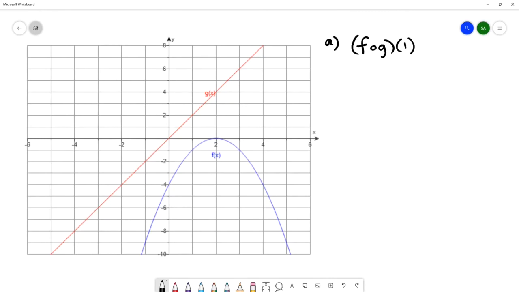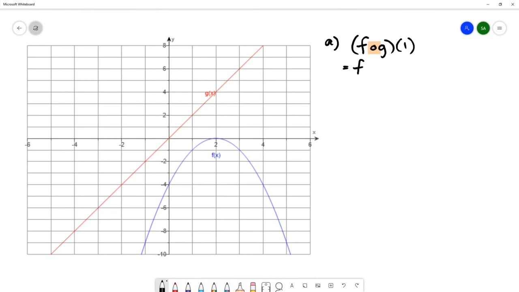So to find f composed with g, we have to know what this operation of composition means. This operation is exclusive to functions. We haven't seen it before related to numbers. And this operation means that we want to substitute one function inside of another function.